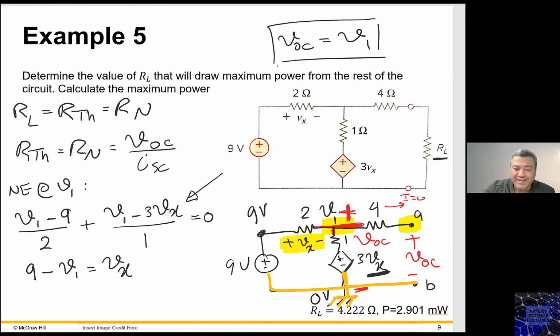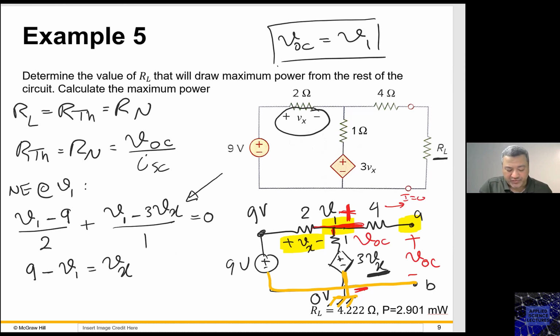So you still need an additional equation to help you solve for V1 in this problem. We get it from here, by looking at this variable in the dependent source and seeing the relationship based on this variable's existence in the circuit.